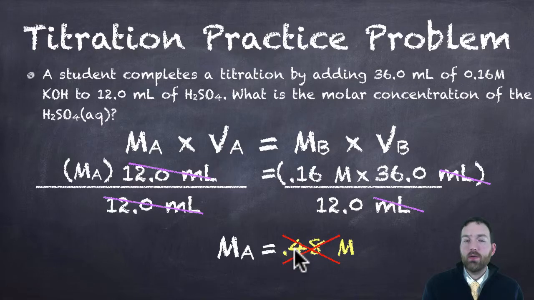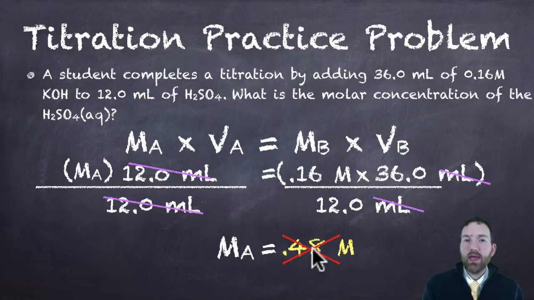Now, this is very rare on the New York State Regents, but I have seen it. So you really have to be careful of your molar values here. If I have H2SO4, I have 2 hydrogen ions for every hydroxide ion. So I'm not going to need a concentration of 0.48.